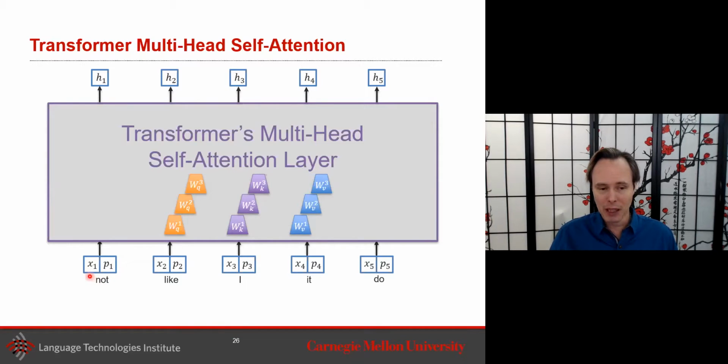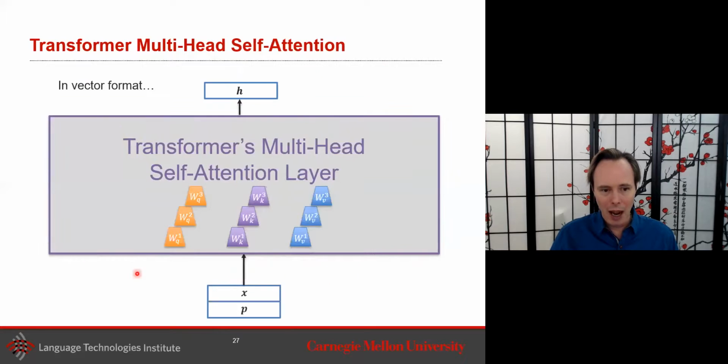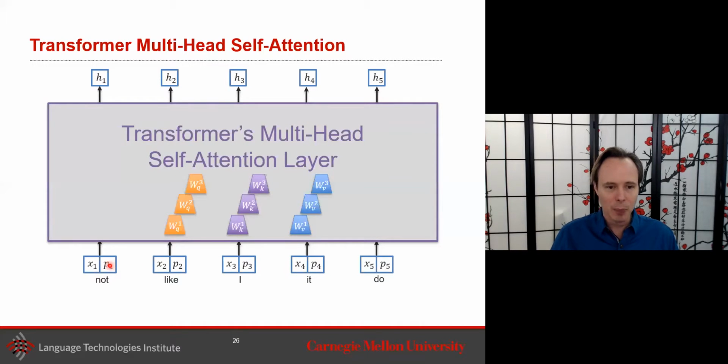What swapping the order means is a little bit maybe confusing, but the position is the same. Whatever word I put here, P1 is always P1. It doesn't change. I can put any words, it's always going to be P1.